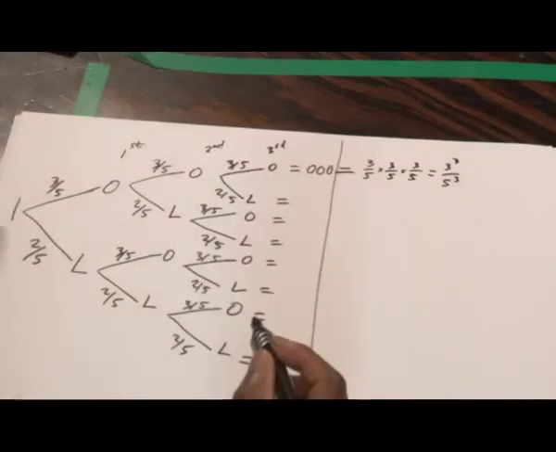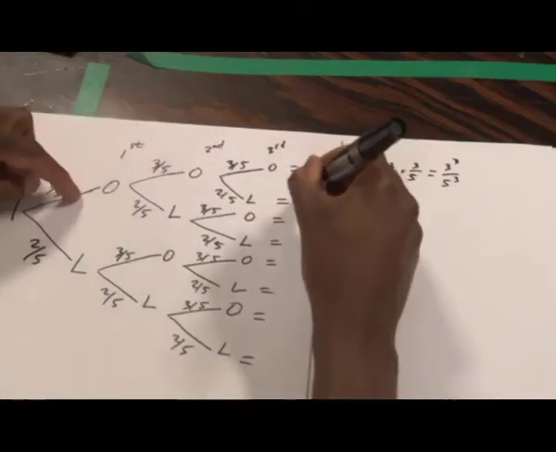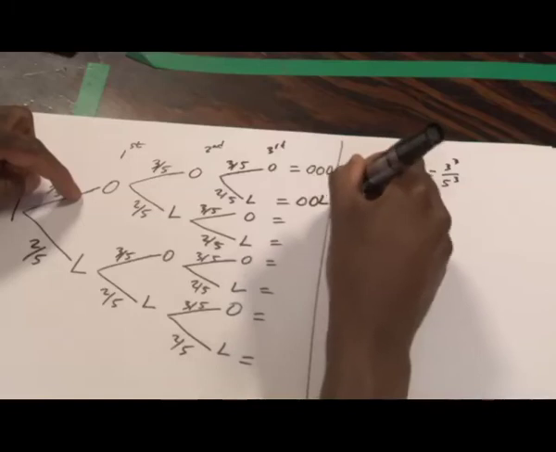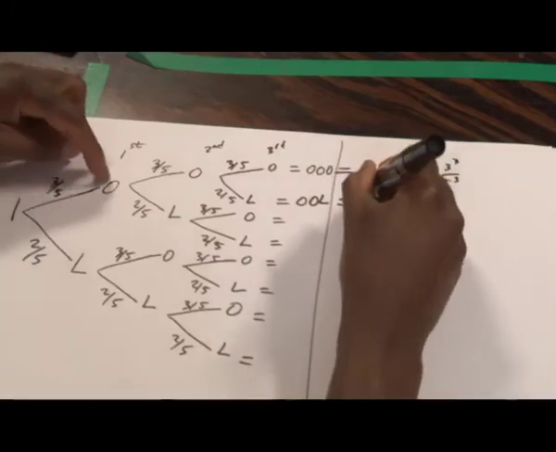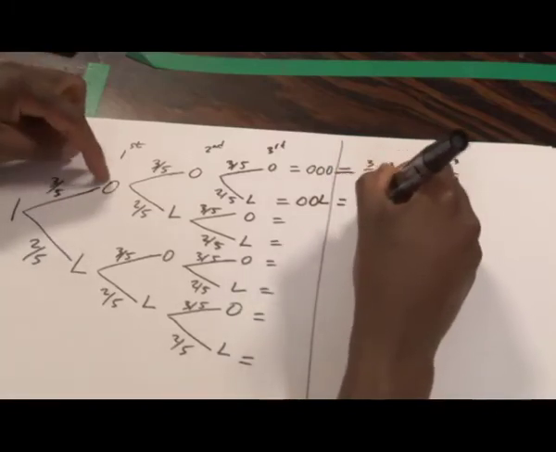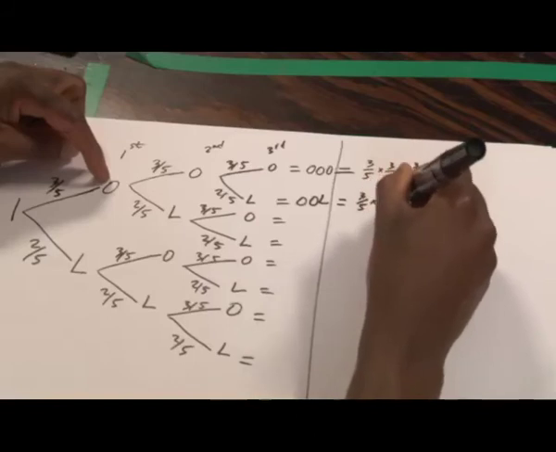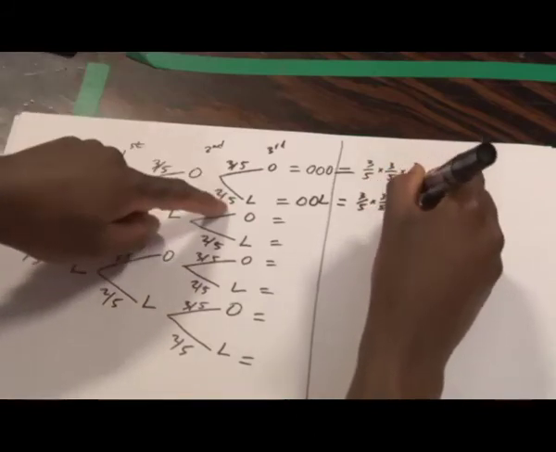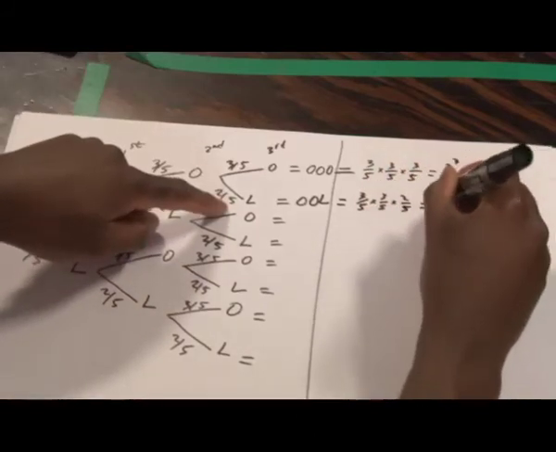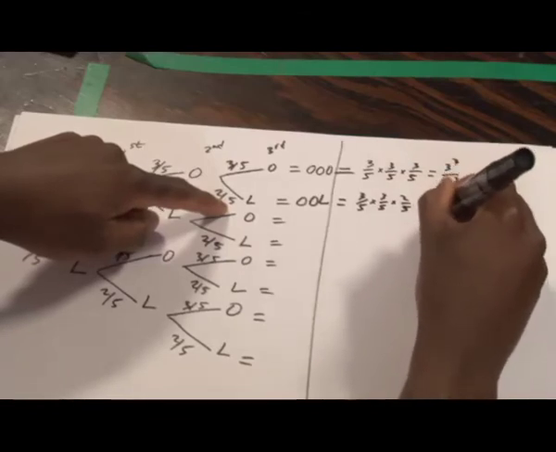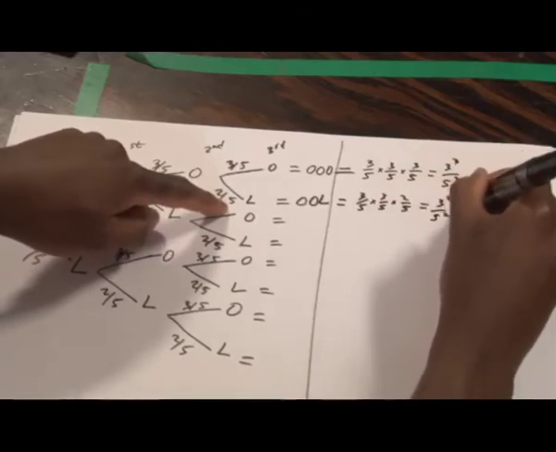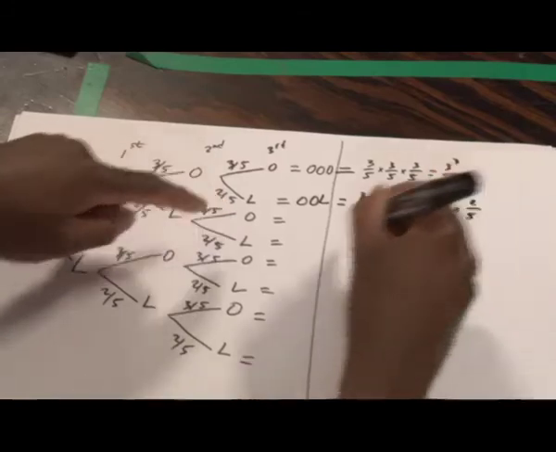Then the probability of him choosing orange, orange, lemon will be 3 over 5 times 3 over 5 times 2 over 5, which is more like 3 to the power 2 over 5 to the power 2 times 2 over 5.